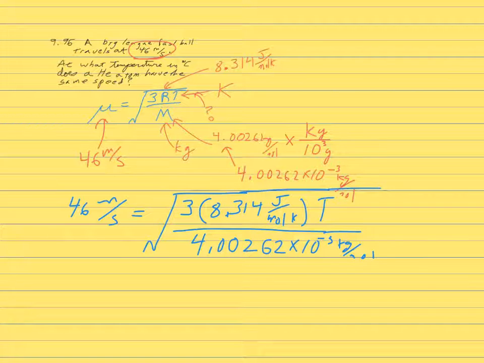So now it's a matter of resolving the algebra. First thing I'm going to do is get rid of that square root sign. How do you get rid of the square root sign?